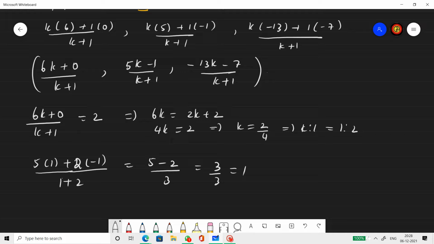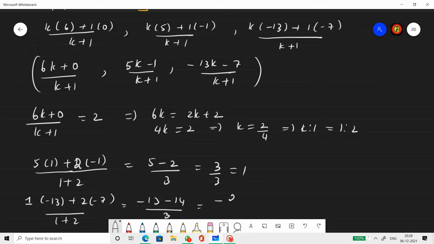With K as 1, we get (1 into -13 plus 2 into -7) by (1 plus 2). So (-13 minus 14) by 3.